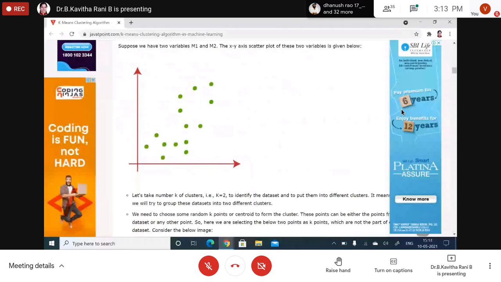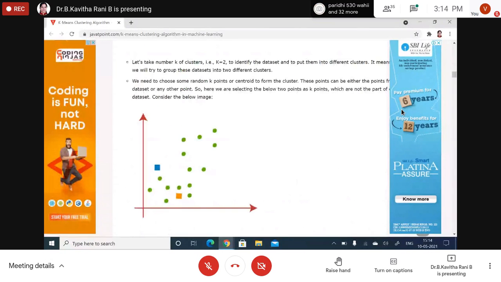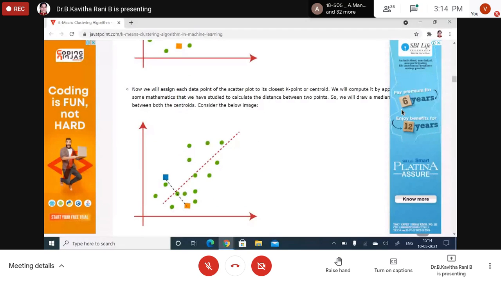If you see here, the data is plotted. I want to group this data into 2 parts. So I have taken 2 centroids here, one is blue and one is orange. Now I am checking for the nearest values. I am finding the distance between all the points to get the nearest values.